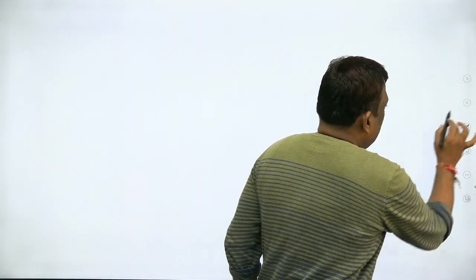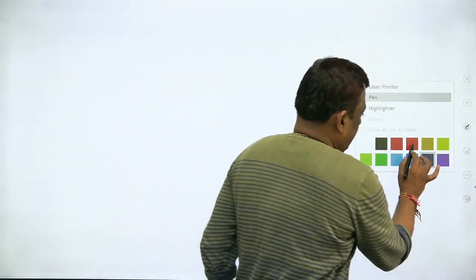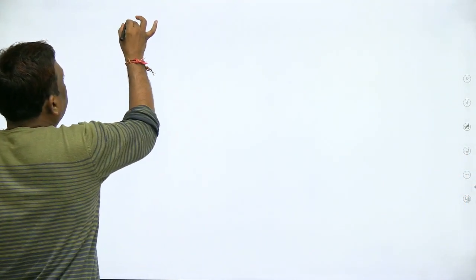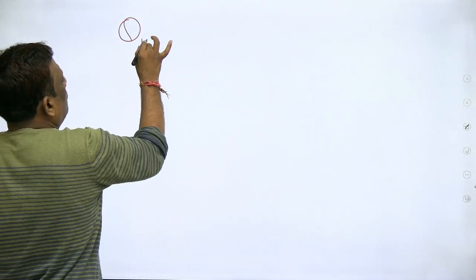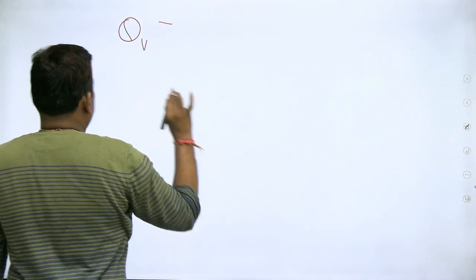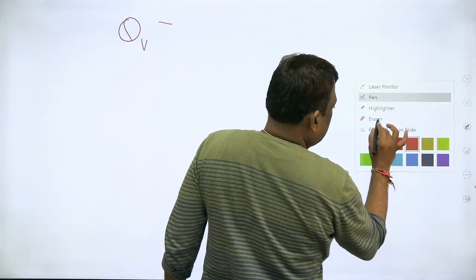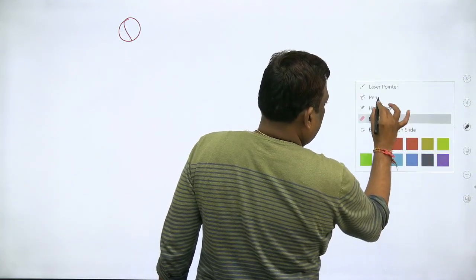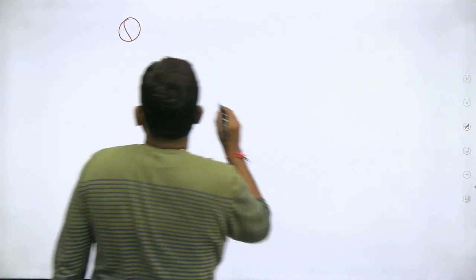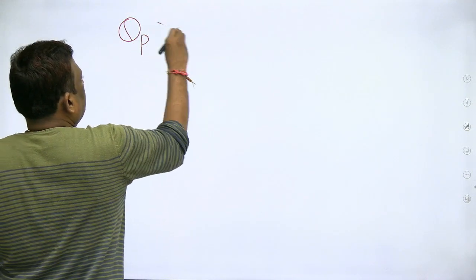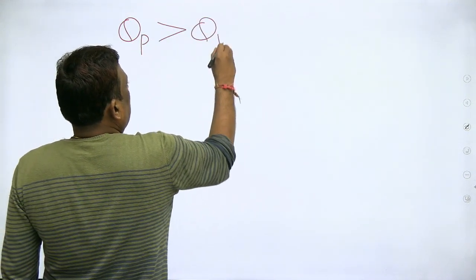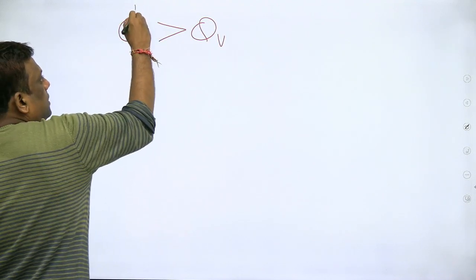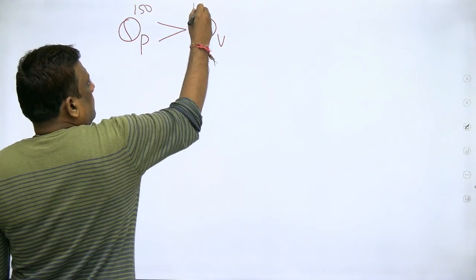So now let us consolidate results, my dear students. I can write: heat transfer at constant pressure is greater than heat transfer at constant volume. At constant pressure you supplied 150 and here you supplied 100.